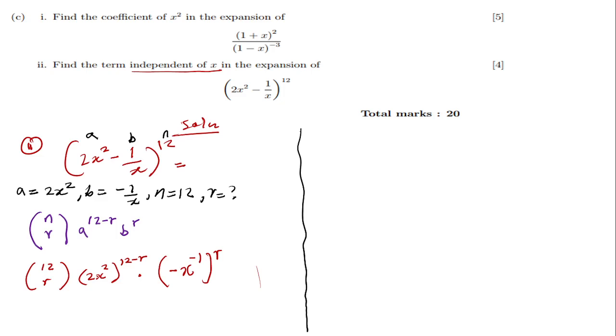Now since you have these, your next task is to look for r. The term independent of x simply means a constant term, and for a constant term, x is to the power 0.